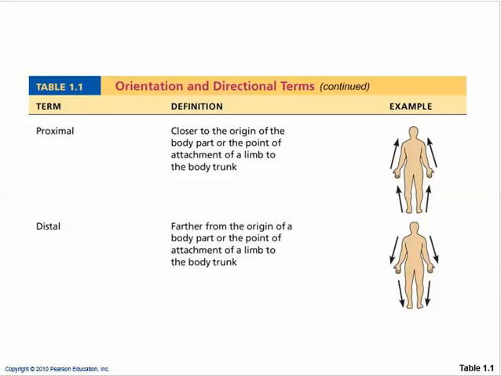The elbow is distal to the shoulder but proximal to the wrist, and so on. So by using these terms, we can identify where things are. So you don't move up your arm, you move proximally.